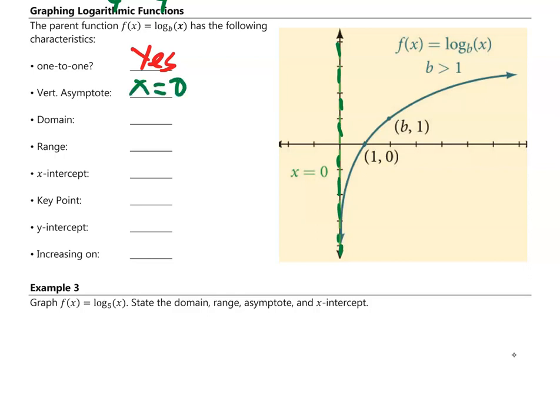What is the domain? We talked about this. The domain is 0 to positive infinity. What is the range? As you can see here, it is negative infinity to positive infinity.